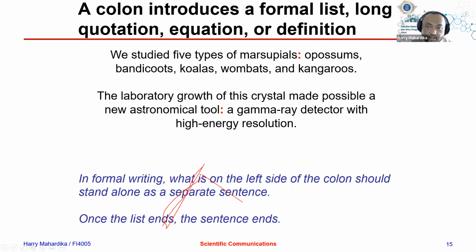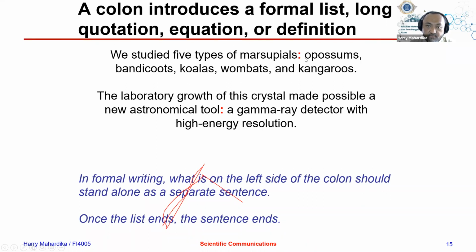So for example here, we studied 5 types of marsupials. Here "we" is a noun acting as a subject, "studied" is a verb, and "5 types of marsupials" is the object.